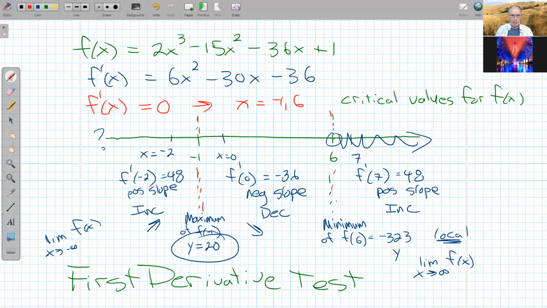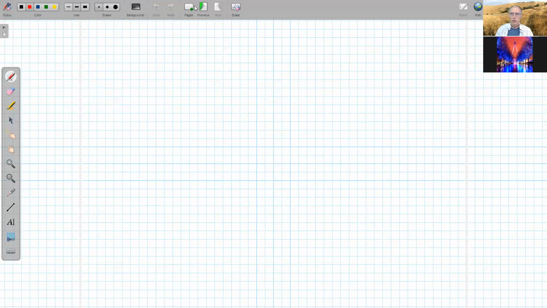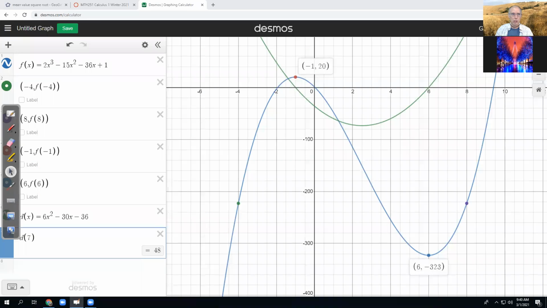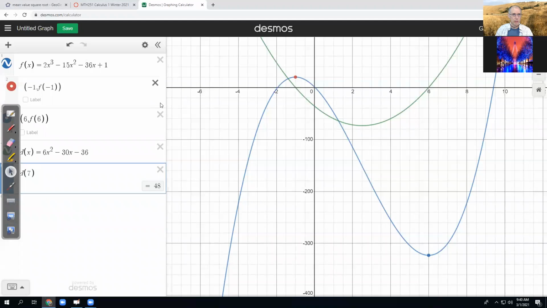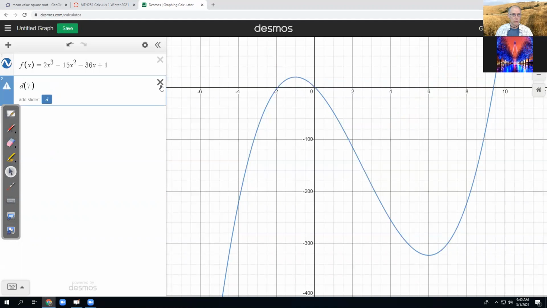So one more idea I'm going to introduce, and we'll do another example. I want to modify this. Let's get rid of some stuff. I'm going to throw a slider in here. Let's call it C equals, and we'll start with 2 maybe. And my derivative back.